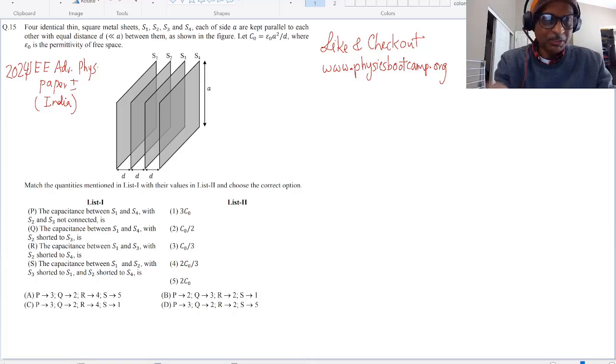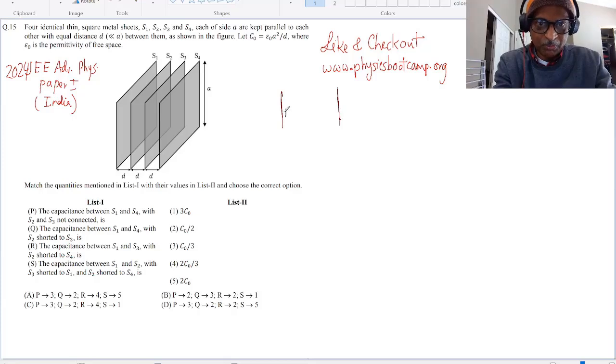This question is about getting capacitance between different points, different metals. If you have a metal and another metal, just say in general, you want to get the capacitance of this arrangement.